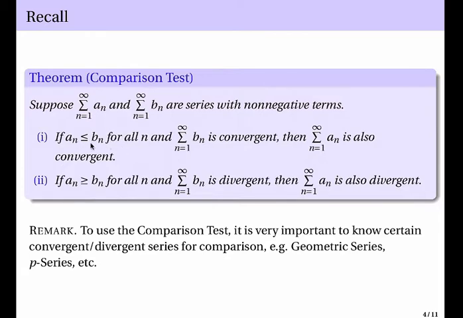You can think of these conditions as follows. If something is bigger and that bigger is convergent, then everything that is smaller than that will also be convergent. However, if something is smaller and is already divergent, then everything bigger than that smaller something will also be divergent.